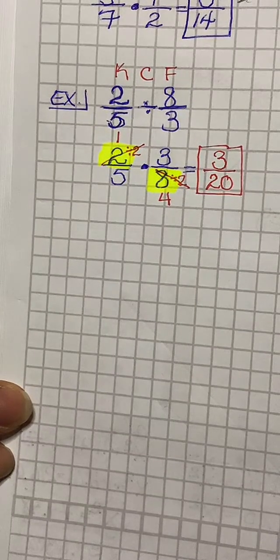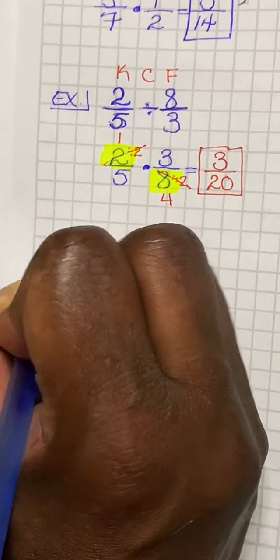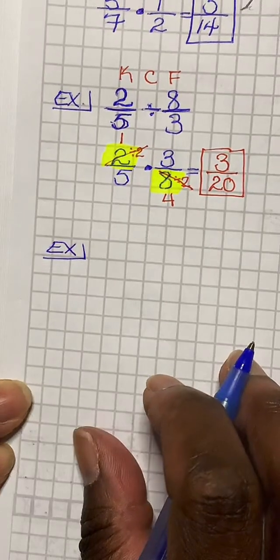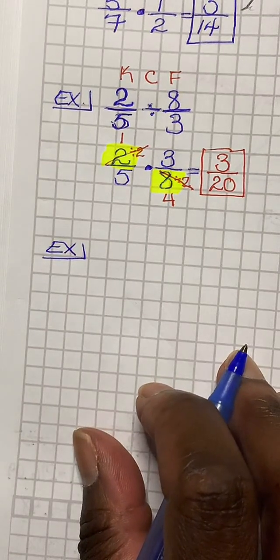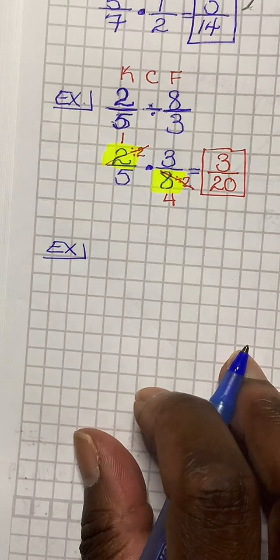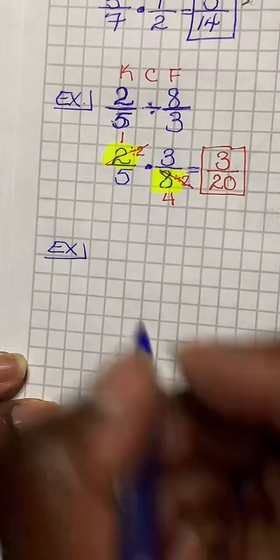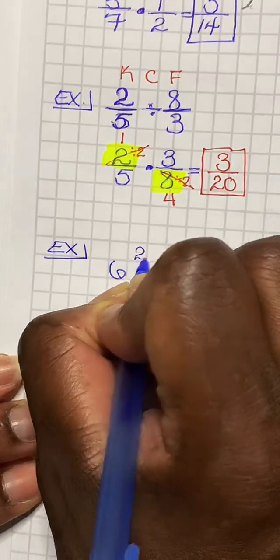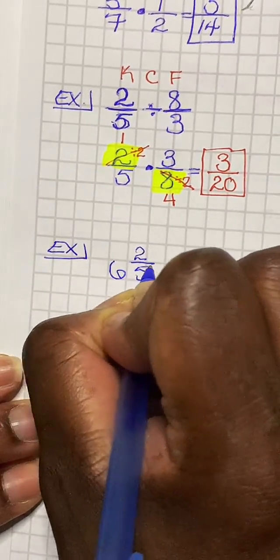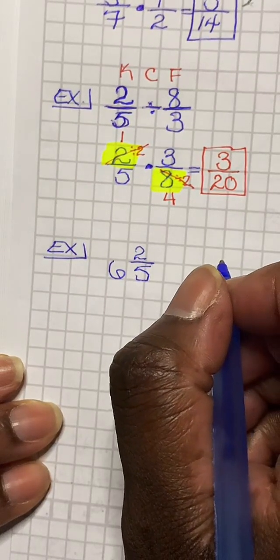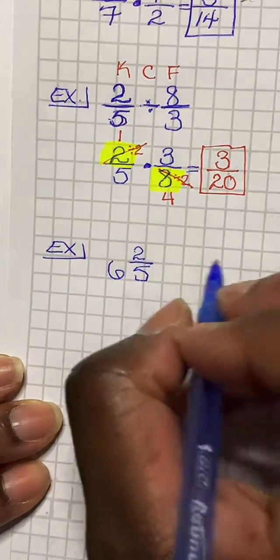So we're talking about, all right, this one I'm going to make up because I have no idea what's going to come out of this. Let me see if I can do some mixed numbers in here. Let's say 6 and 2/5 divided by 2 and 2/5.